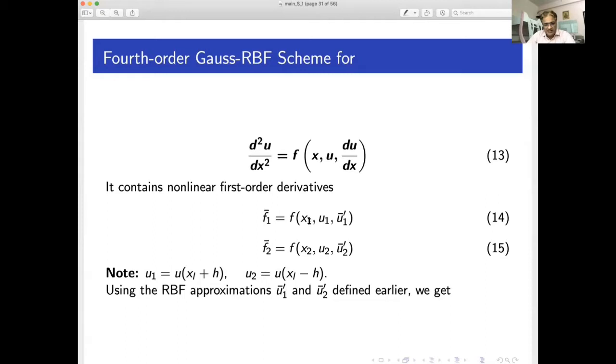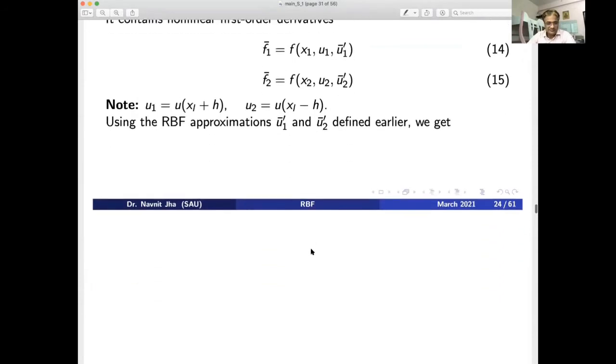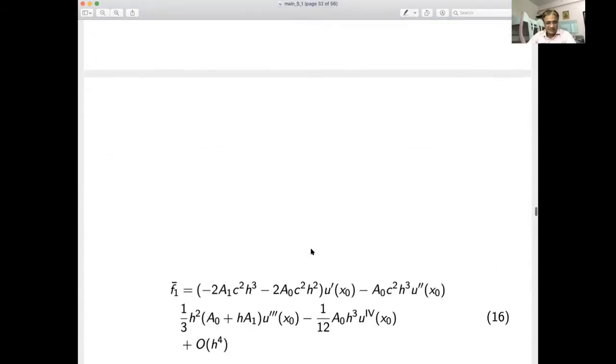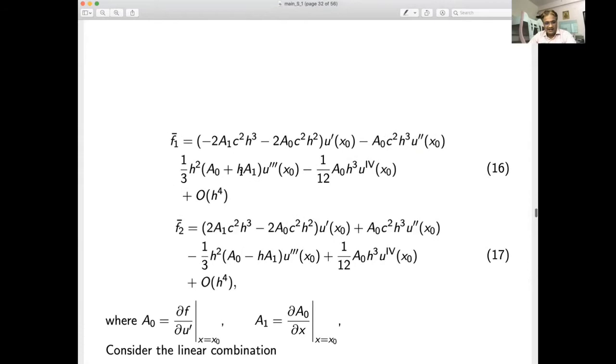Now equations 14 and 15 are basically involved with equations, so we can apply the multi-dimensional Taylor series expansion over them. When we apply this, this is the derivation. You can get it directly when you use the approximation I derived earlier for u1 bar prime and here for u2 bar prime.